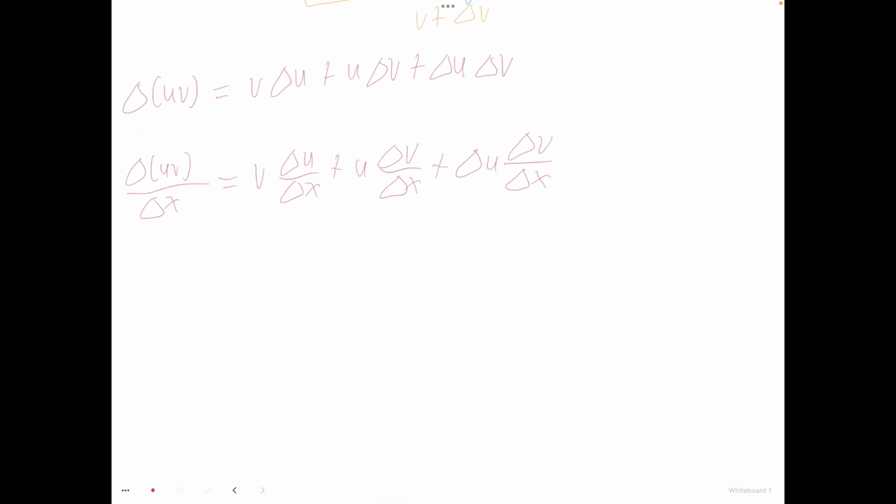So we just divided everything by delta x, and this is to give us a rate of change. So this is the rate of change in the area u times v with respect to x.